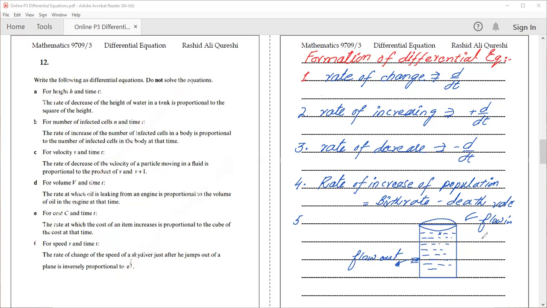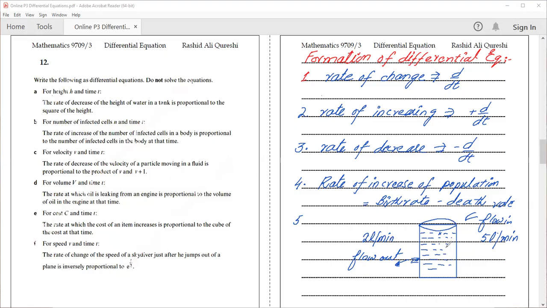Suppose the flow in, the water is coming at 5 liter per minute. And flow out, the water is flowing out at a rate of, suppose, 2 liter per minute.